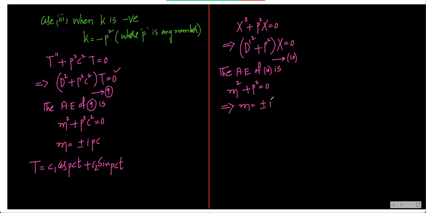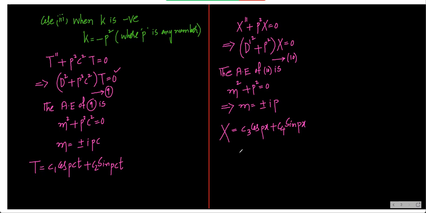Again, ip means the capital X will be the same solution. C1 C2 is already over. C3 cos px plus C4 sin px, correct?